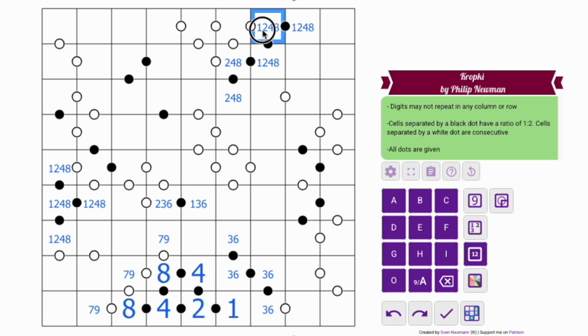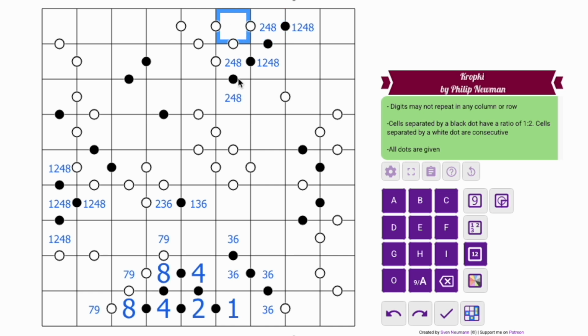Well, this can't be a 1 for the same reason this couldn't be a 1. We can't have a 1 because this digit would have to be double on the one side and plus 1 on the other side. Those would both be 2. So this is not a 1. But that's not much of a constraint.